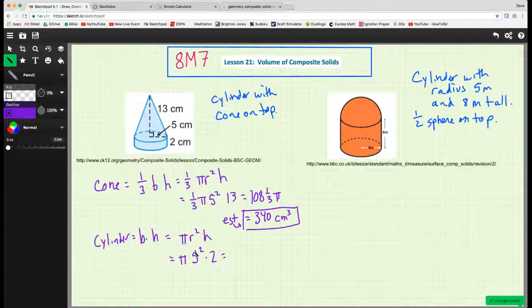And down here, 5 squared is 25 times 2 is 50. So this is 50 pi. 50 times pi equals about 157. So if we add that to our 340, we get about 497 cubic centimeters, about. That's my estimate.